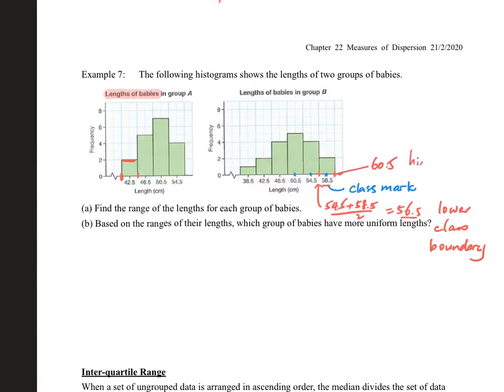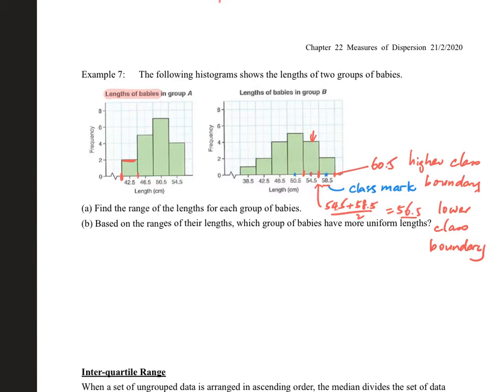It will be called the higher class boundary of the last group. According to this concept, in the second last group the class mark is 54.5, while 56.5 becomes its higher class boundary, and 52.5 will be the lower class boundary.